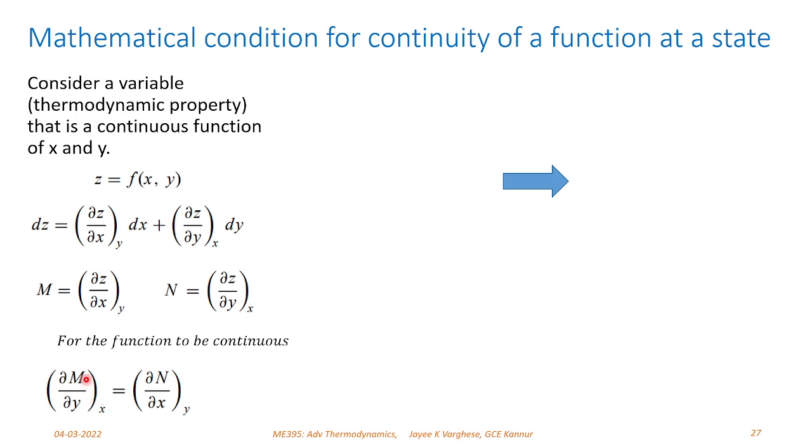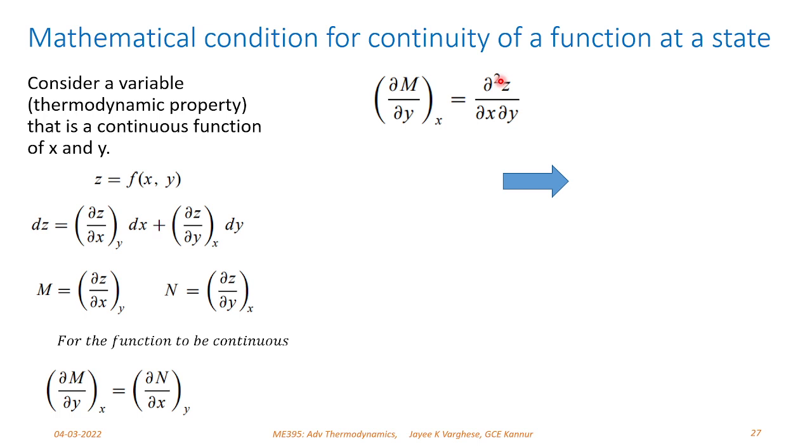So if you take the next derivative, ∂/∂y of ∂z/∂x, because M is ∂z/∂x, and ∂/∂x of ∂z/∂y, then ∂M/∂y at constant x is equal to ∂/∂y of ∂z/∂x.